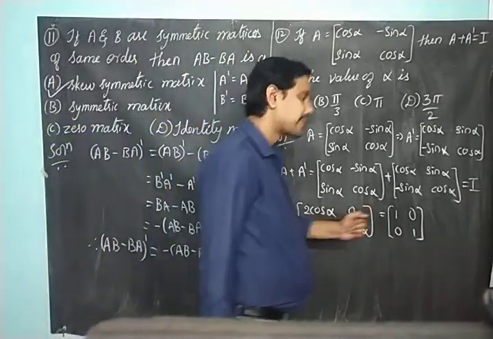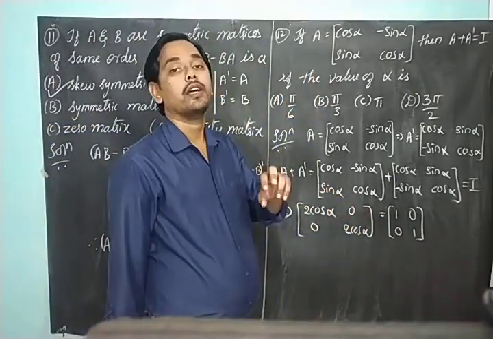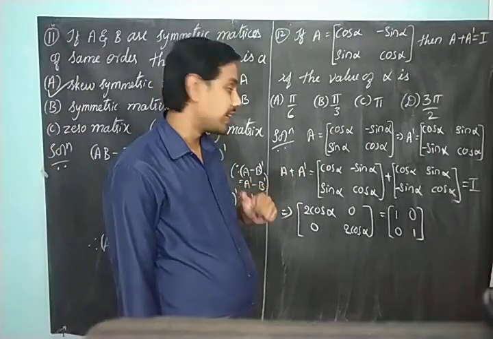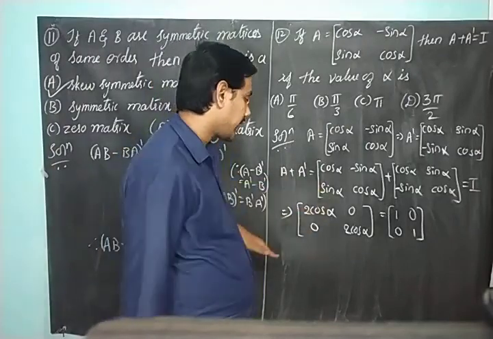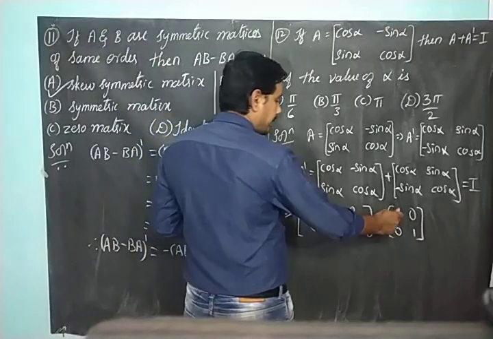Now these two matrices are equal. When will any matrices be equal? When their corresponding elements are equal. So I can equate the corresponding elements. So 2 cos alpha will be equal to 1.